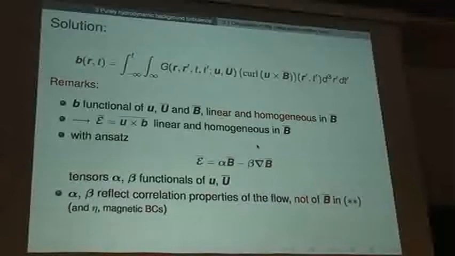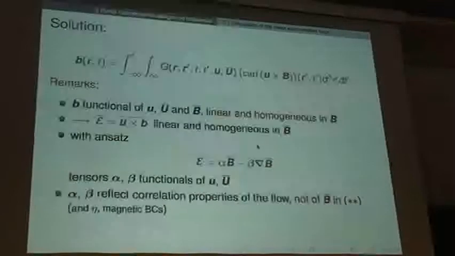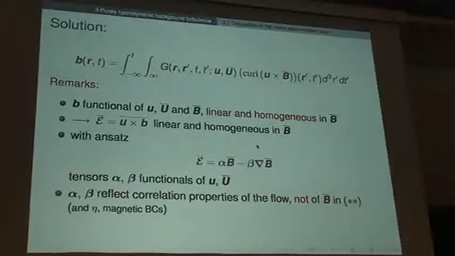Alpha and beta reflect correlation properties of the flow, not properties of the mean field at all. To be very precise, one has to say they reflect also the magnetic diffusivity and the magnetic boundary conditions, because these quantities enter the Green's function. But it's not important for us.